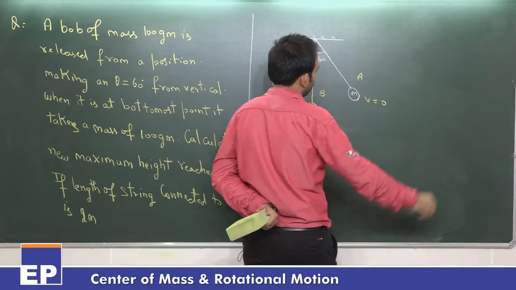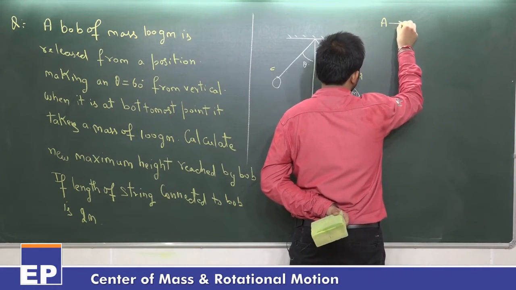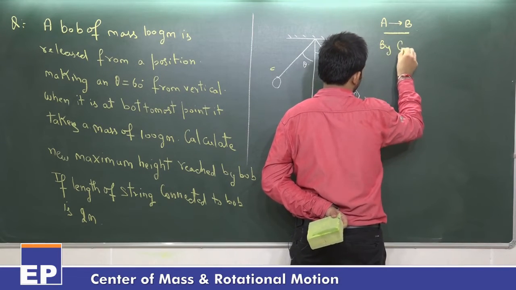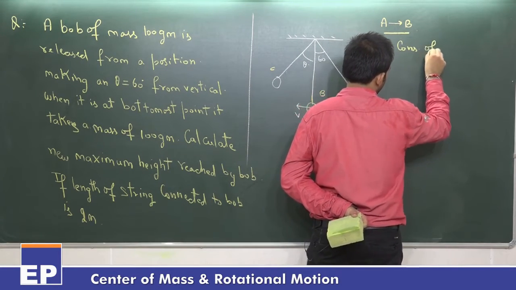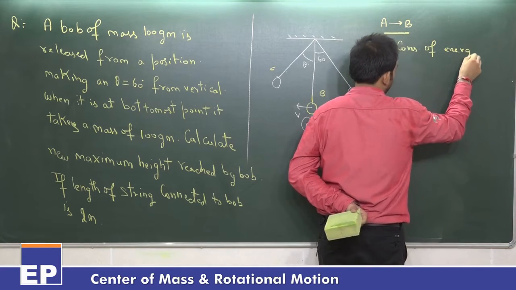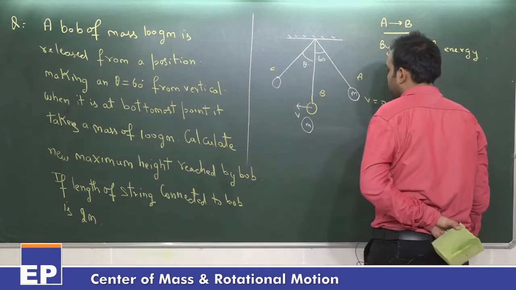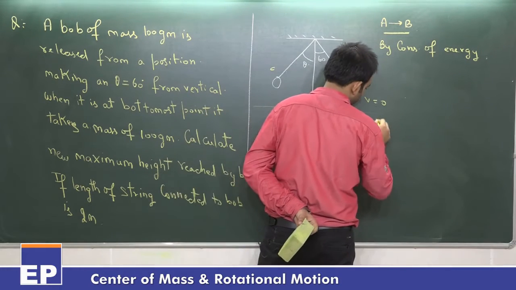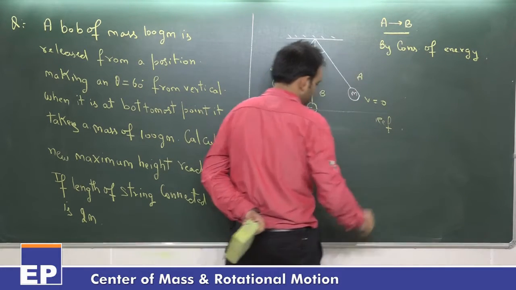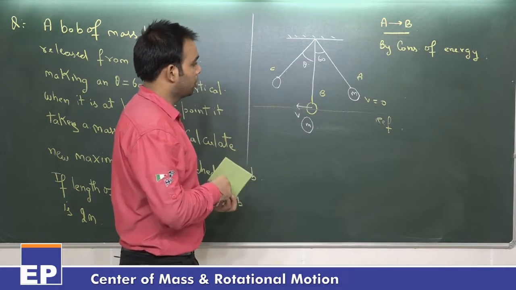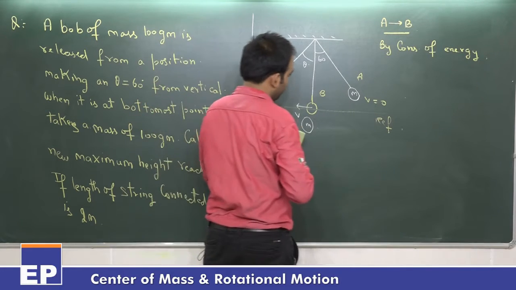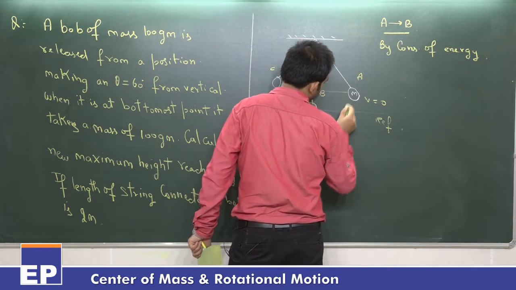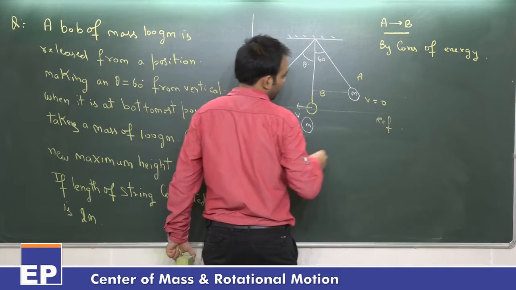So by conservation of energy from A to B, initially it has potential energy, taking the bottom as reference. How much is the potential energy? You can calculate it from the height, which is L minus L cos theta.